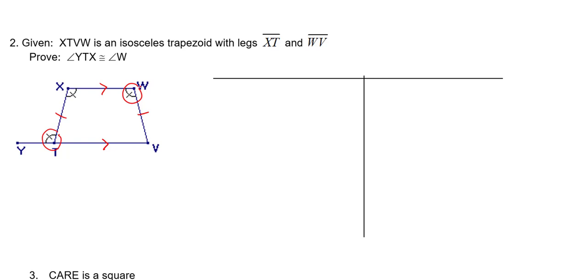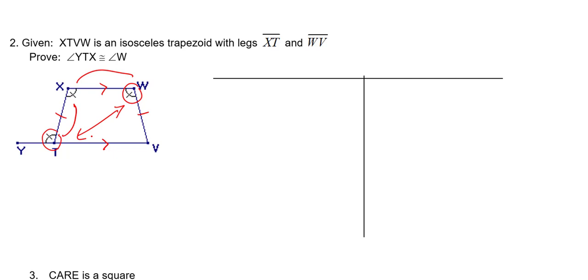Okay, so it looks to me like these two are congruent because they're upper base angles of an isosceles trapezoid. You also know that these are congruent because they are alternate interior angles. And so by the transitive property, you should be able to say that these two are equal to each other.